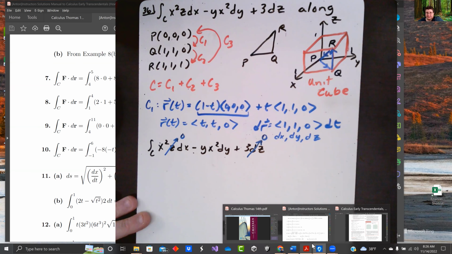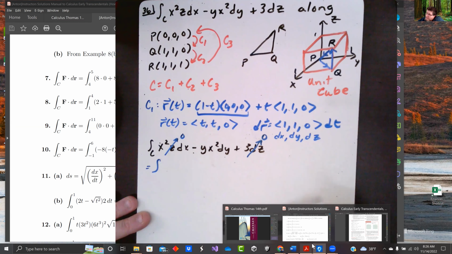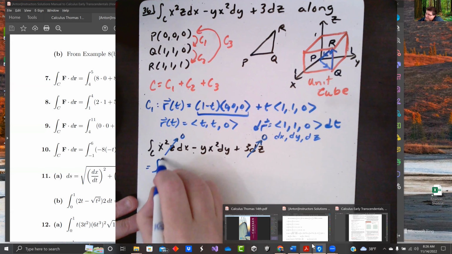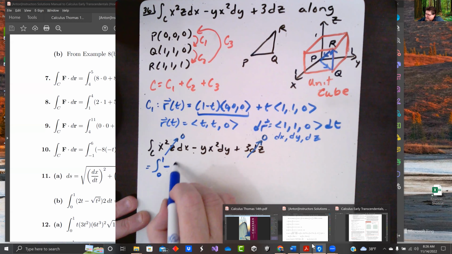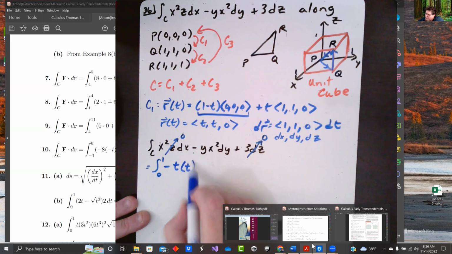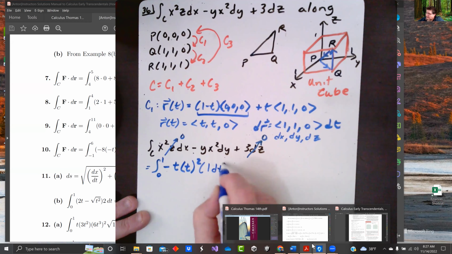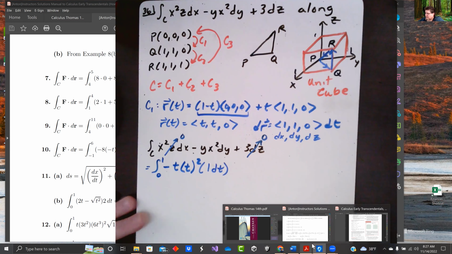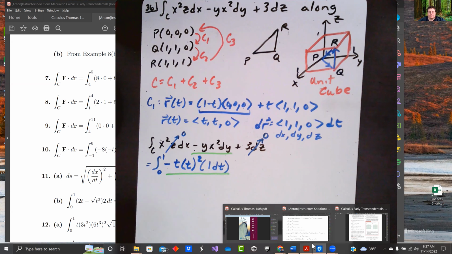That's handy. My curve is only one component. And we're going from 0 to 1 for t. We've got the negative sign, y is t, and then x squared, x was t. And dy is 1 dt. So that's this right here. Parameterized in terms of t.